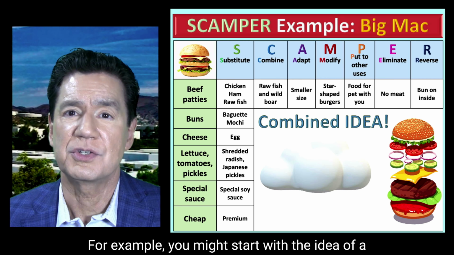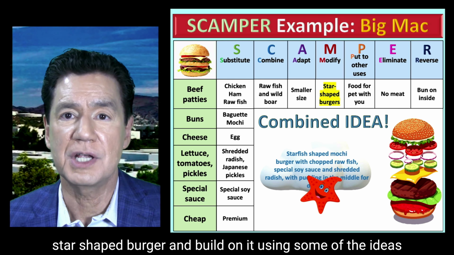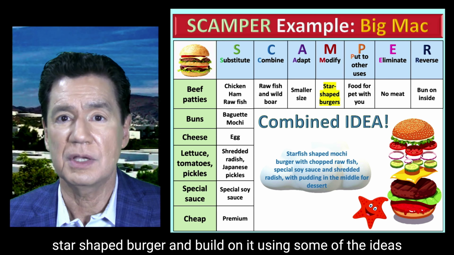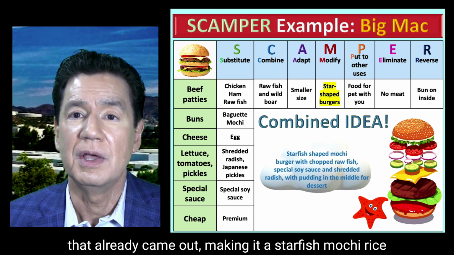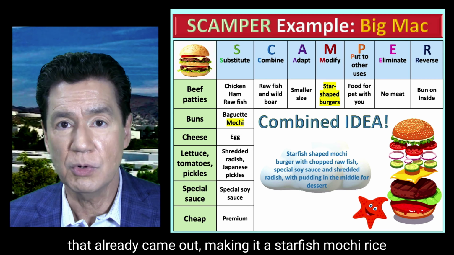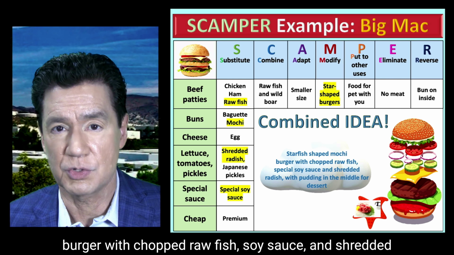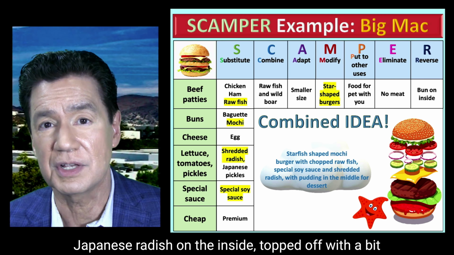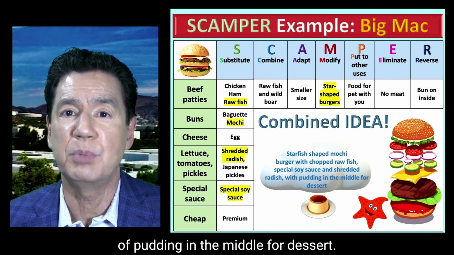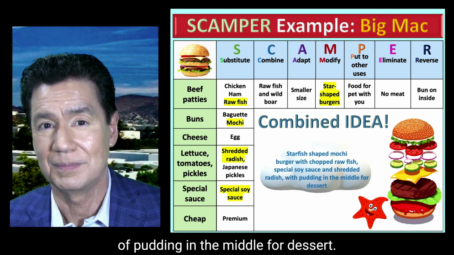For example, you might start with the idea of a star-shaped burger and build on it using some of the ideas that already came out, making it a starfish mochi rice burger with chopped raw fish, soy sauce, and shredded Japanese radish on the inside, topped off with a bit of pudding in the middle for dessert.